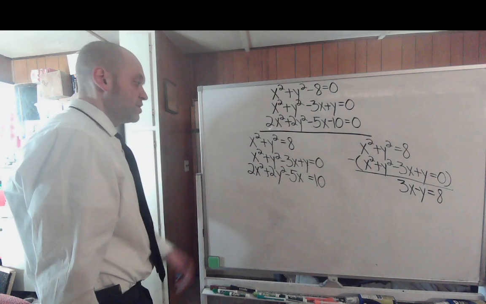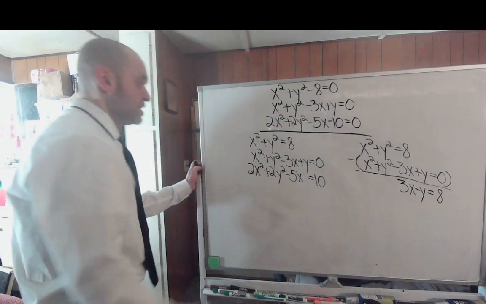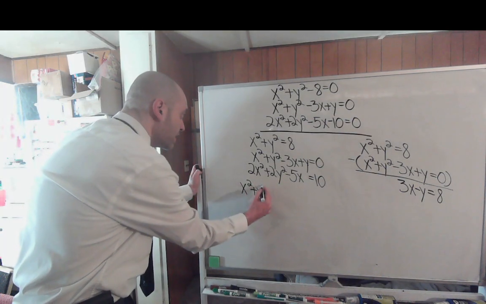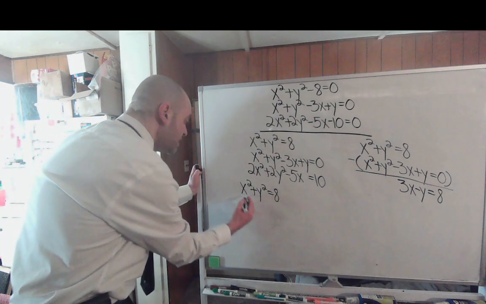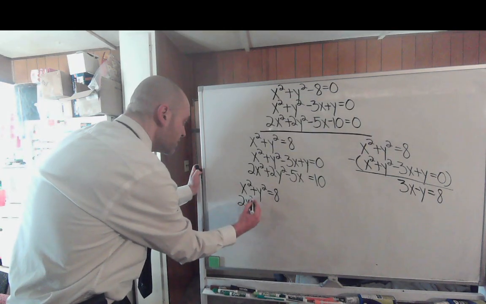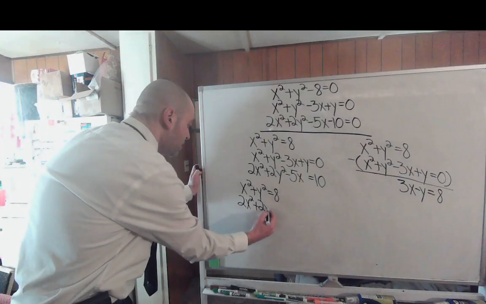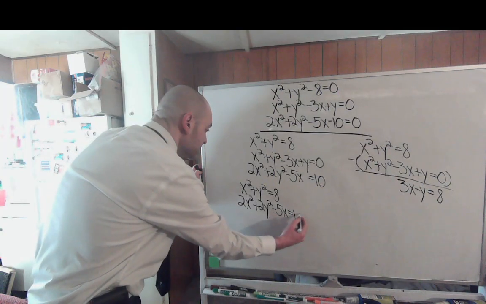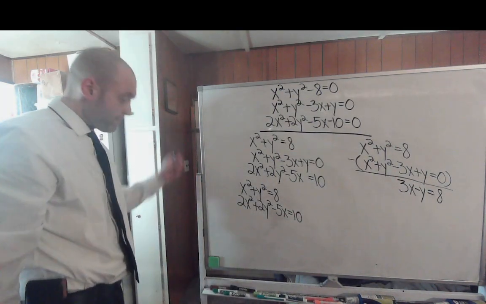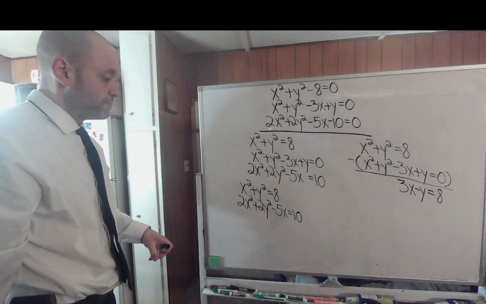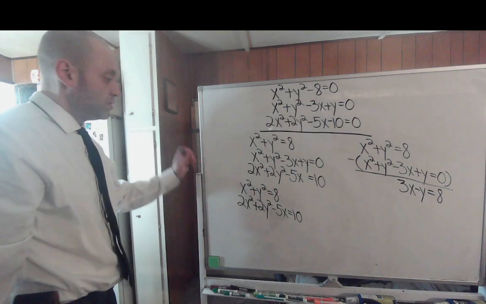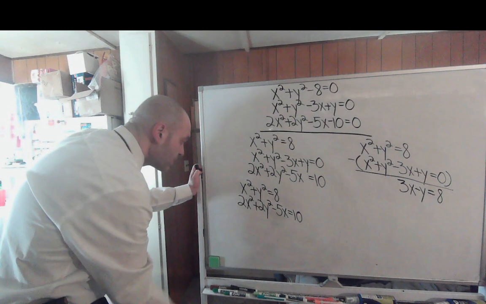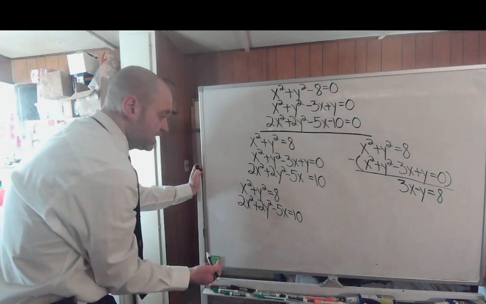Okay, and then let's deal with the first and third this time. So this would become x squared plus y squared equals 8. And then you'll have 2x squared plus 2y squared minus 5x equals 10. Alright, so now we want to use elimination again.